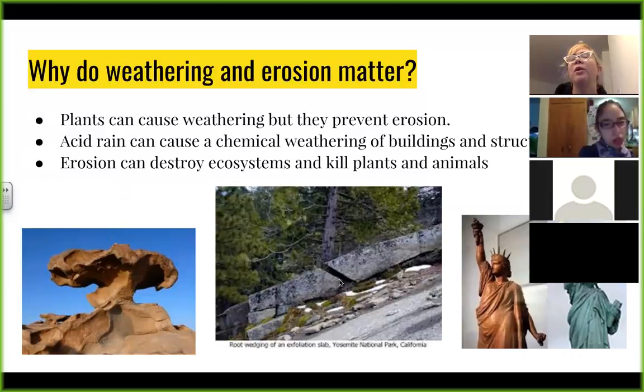And that's super important because if you take away all the plants, so if the person who built this wall had destroyed all of these trees back here, all of that soil and rock would have been able to get pushed away just by rain, right, naturally over time. And then you would have serious problems over here with the soil and the land. You'd probably never be able to plant over there again, right? And eventually this wall is probably going to get weathered and eroded and completely destroyed.